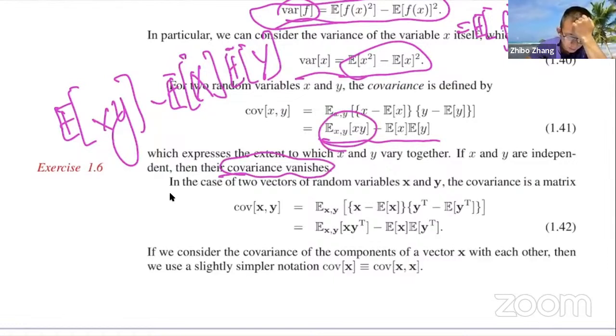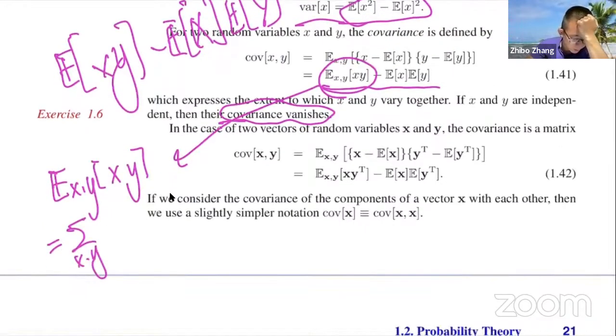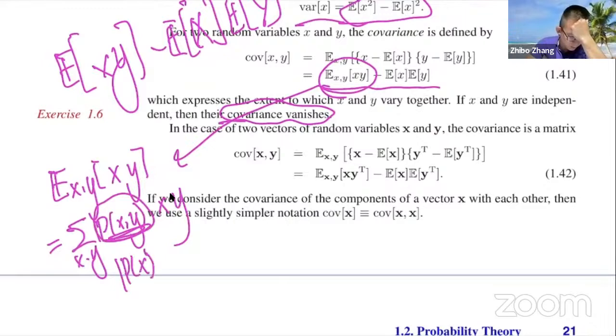If we take a look at this, the expectation of xy is equal to the integration, or sum, over all the values of x and y of the joint density between x and y times xy. If they are independent, the joint density is p(x)p(y).